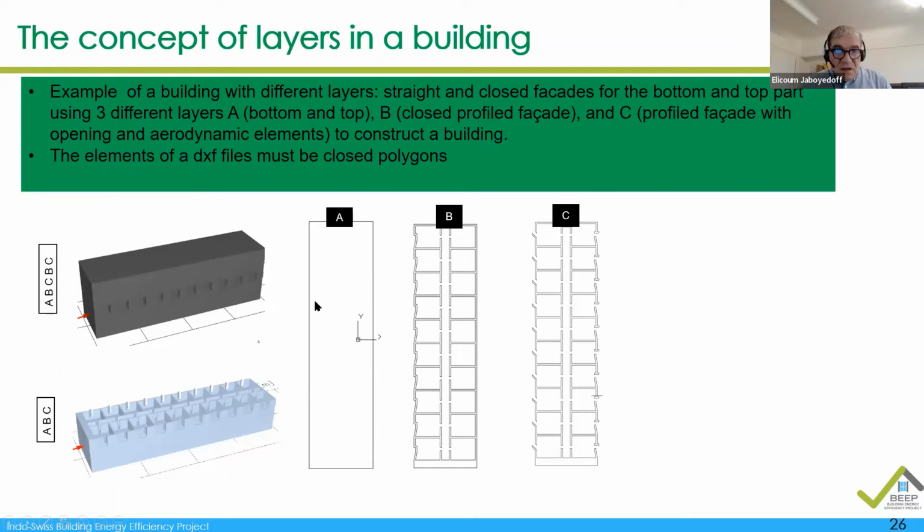This is the B layer, if you want. And then after that, the C profile is an opened part, so you can add it on top. And then after you add again, for instance, the closed facade with the design for some height on top, and then you add again the component A, which is the block on top of it. So like this, this is one example for a long building, let's say.